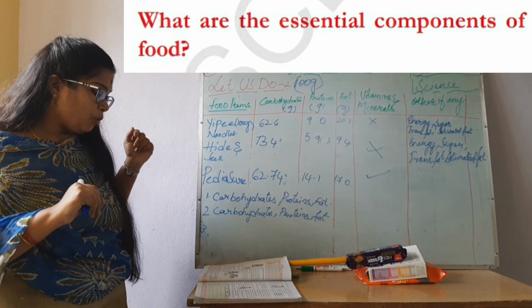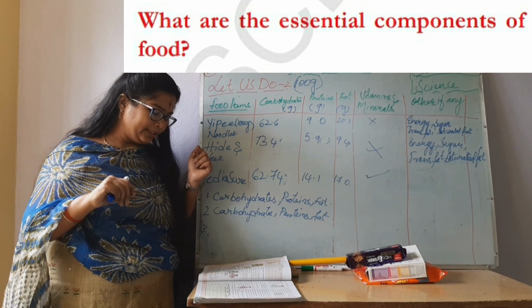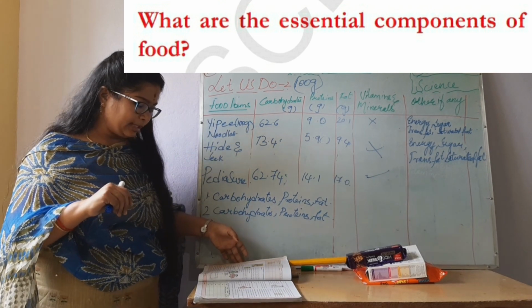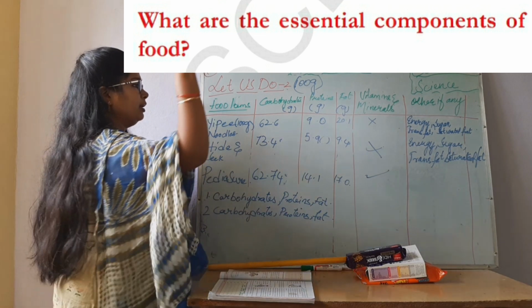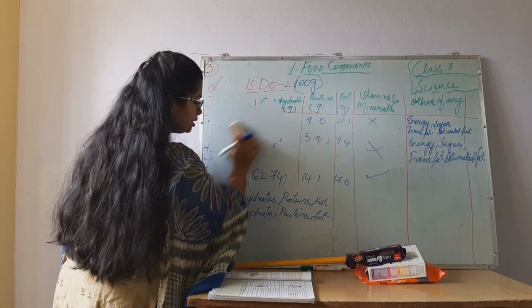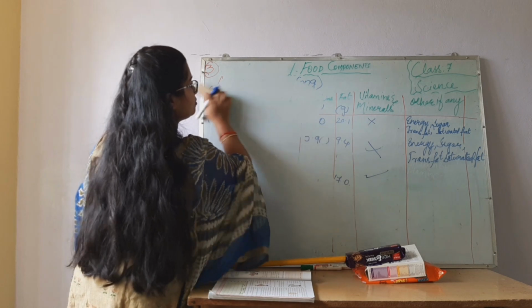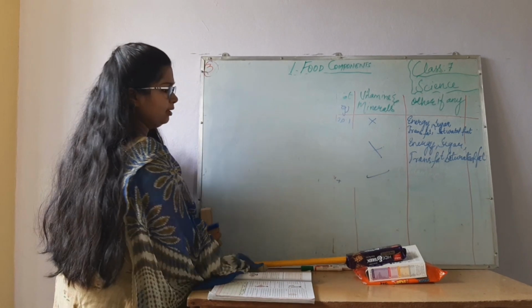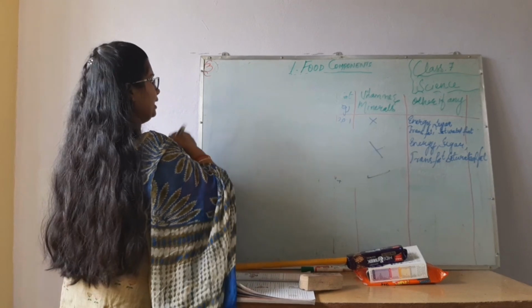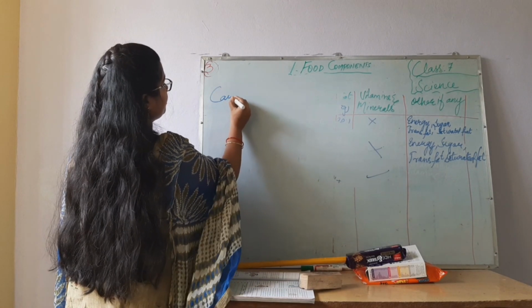And next, what are the essential components of food? Our food consists of all we have learned, isn't it? What are those? What are we going to get from our food? Carbohydrates, we have discussed, isn't it?